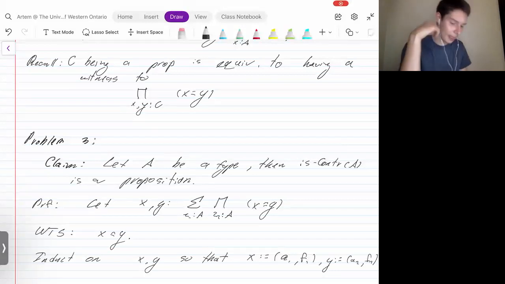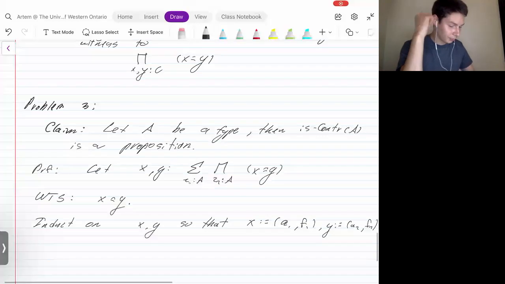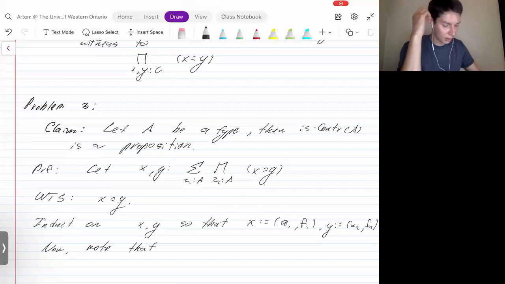Okay, good. So now note that A1 equals A2 as A is contractible.